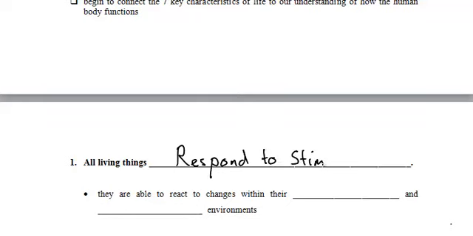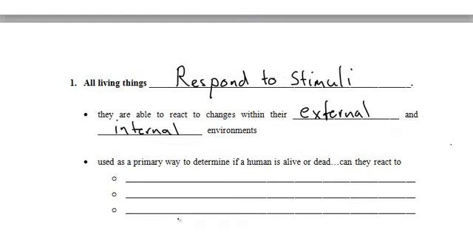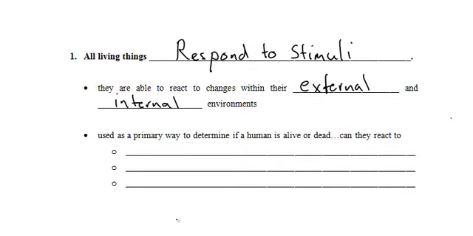So to begin with, all living things respond to stimuli. This means they are able to react to changes within their external and internal environments. And indeed, our ability to respond to stimuli is a primary way we determine whether or not a human is alive or dead. In fact, we often check if a human can react to sound by calling their name.